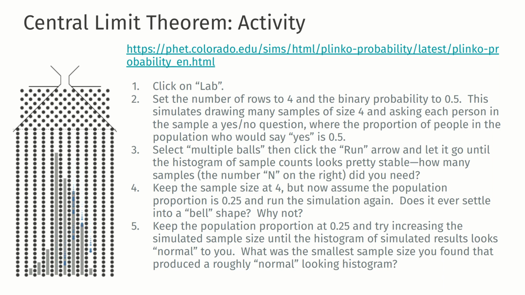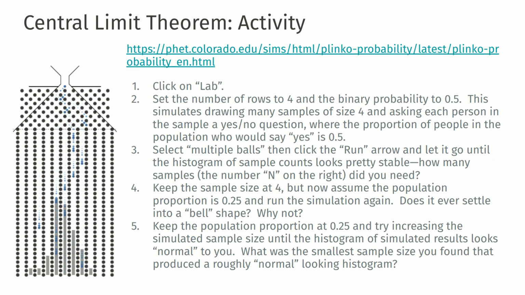And then see whether it settles into a kind of bell shape or not. You may have already guessed by the way that I implied that question, it's not going to get quite bell-like. And so I wanted you to think about why that's the case. Why is it the case that it looks sort of bell-like when the population proportion is 0.5, but not when it's 0.25?